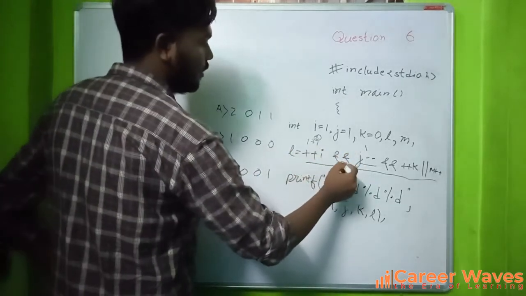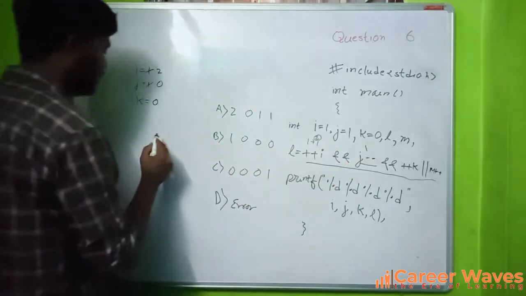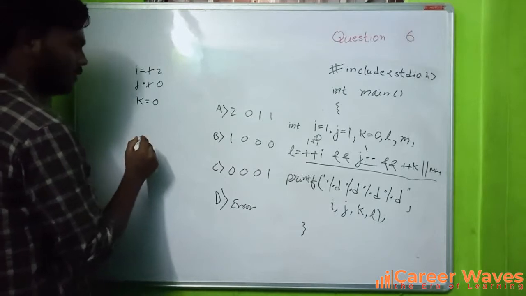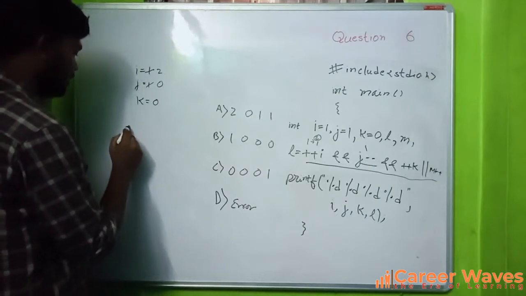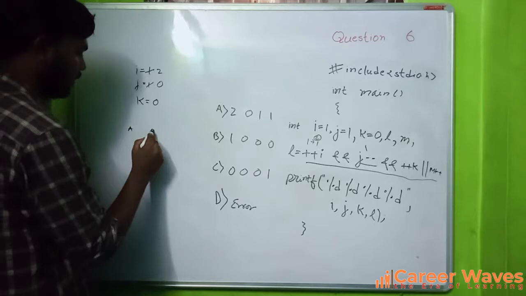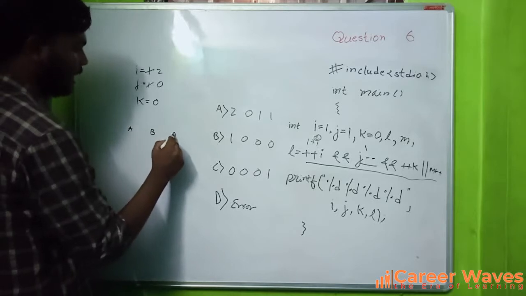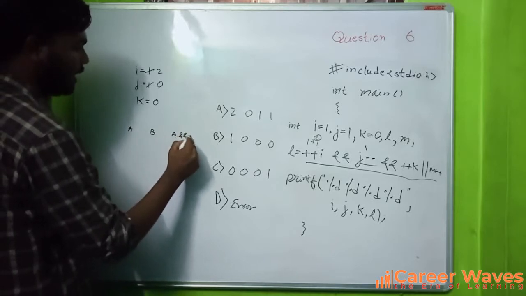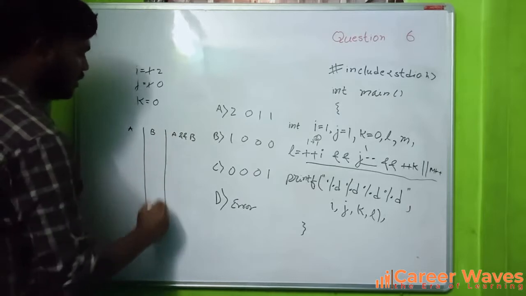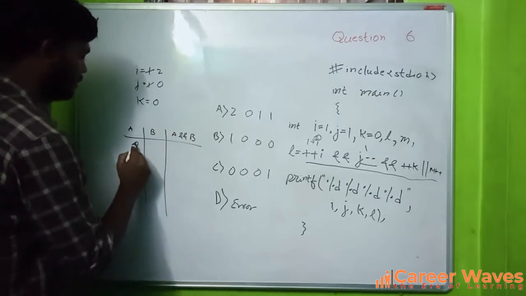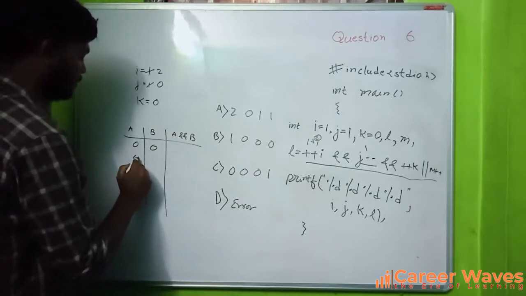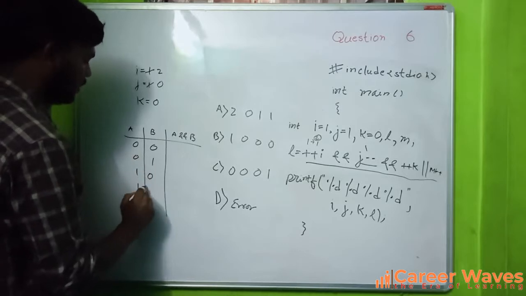So 2 and 1. In logical AND, say A and B are the two values and we perform logical AND of A with B. It looks like 0 0, 0 1, 1 0, 1 1.